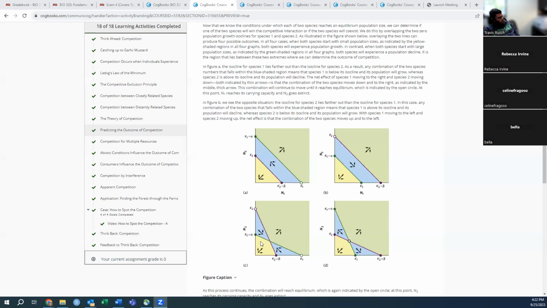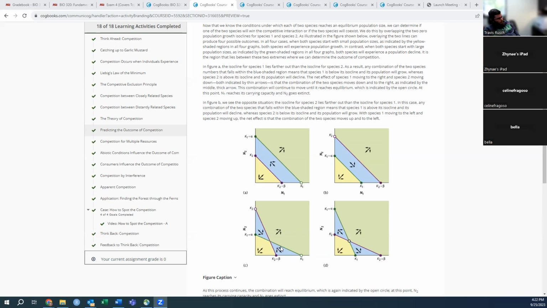In this scenario, oh, okay. Does that make a little more sense? Yep. If we come down here to the right, we can see that according to the y-axis, we're above the purple line, so population two has to decrease, but we're below the green line. So for the x-axis, we can move to the right, which means population one increases.